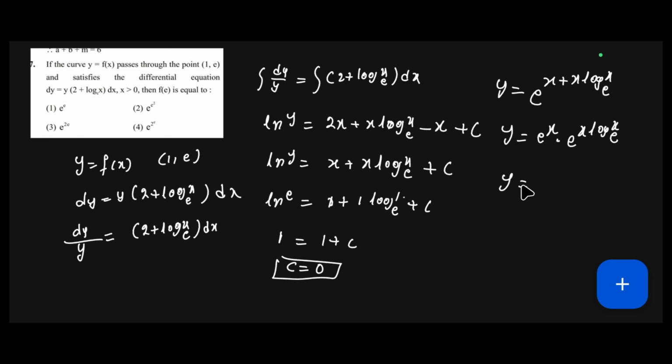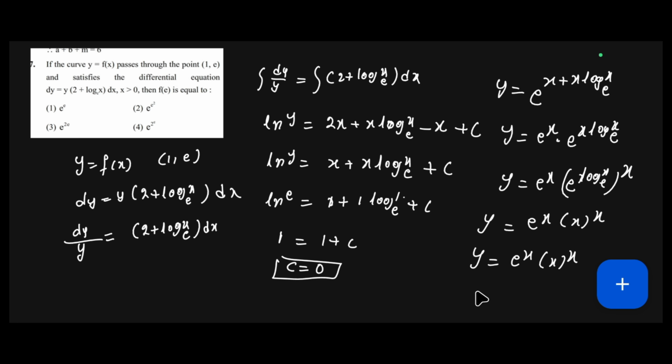That is y is equal to e power x and e power (log x base e) whole power x. So y is equal to e power x into x power x.